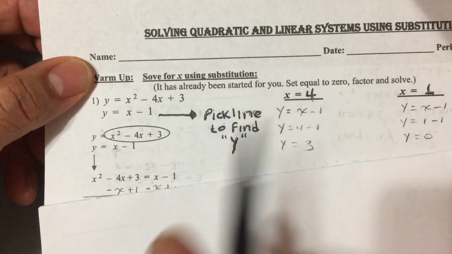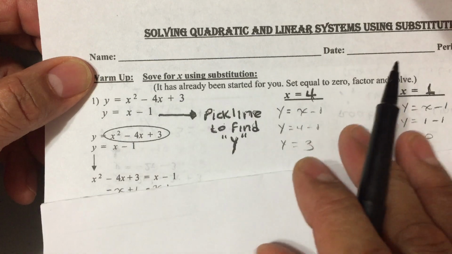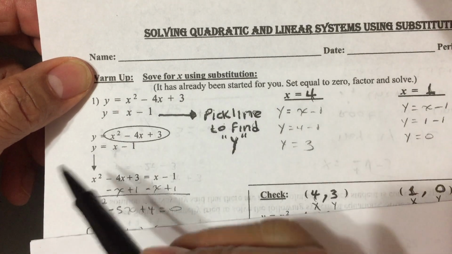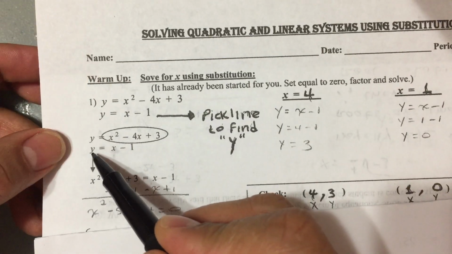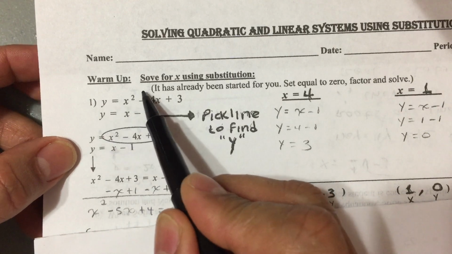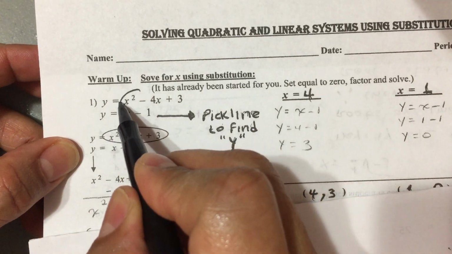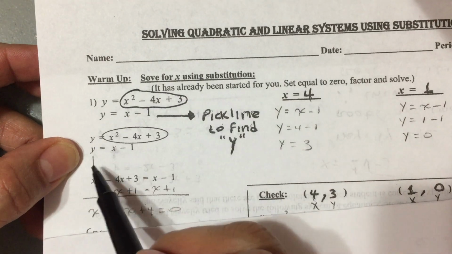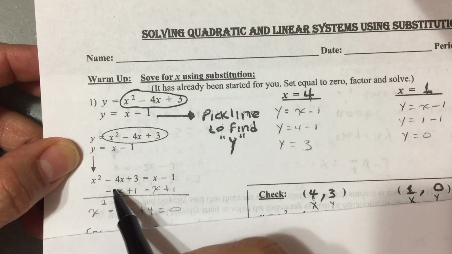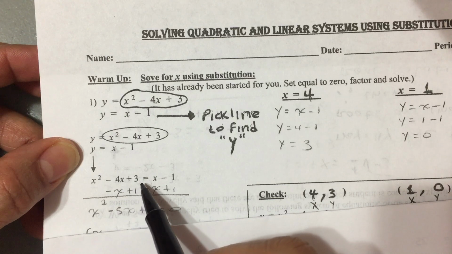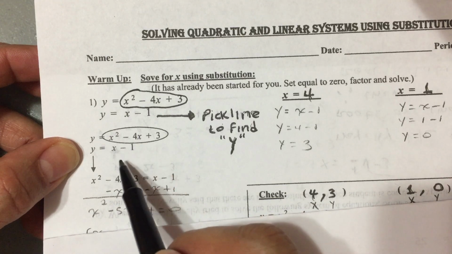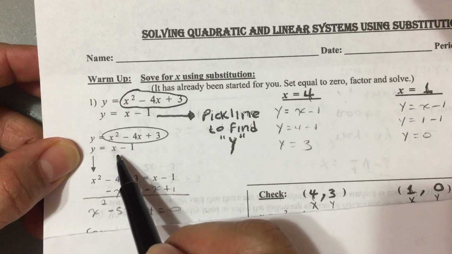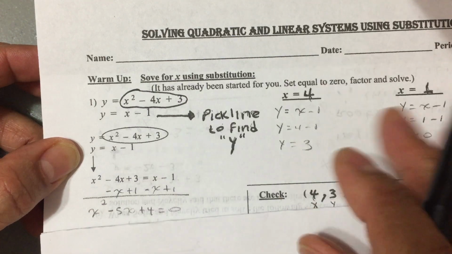What I did is I wrote my equations on the bottom right here. And this y right here becomes all this right there because I'm using substitution, okay? So this y becomes x squared minus 4x plus 3 equals x minus 1, which was already the value of the other equation.